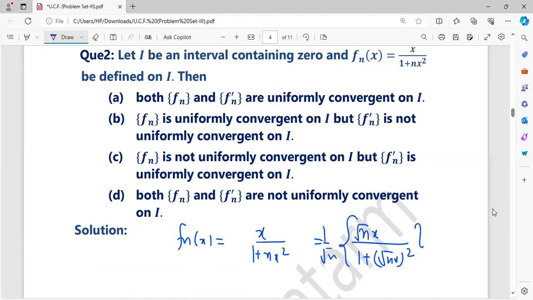You see that this function is monotonically increasing for each n x. But this is bounded by which quantity? 1 by 2. This function is bounded by 1 by 2. It means its absolute value is bounded by, because this function is bounded by 1 by 2, 1 upon root n times 1 by 2. Okay.